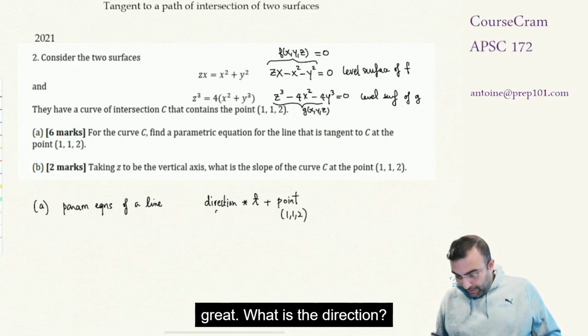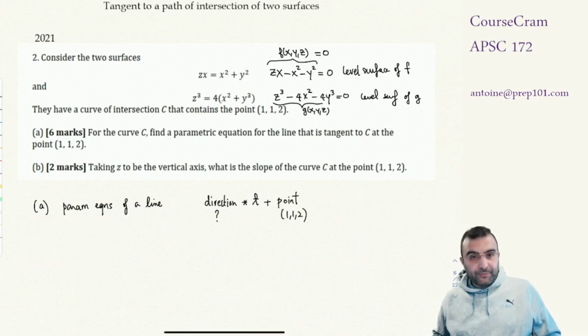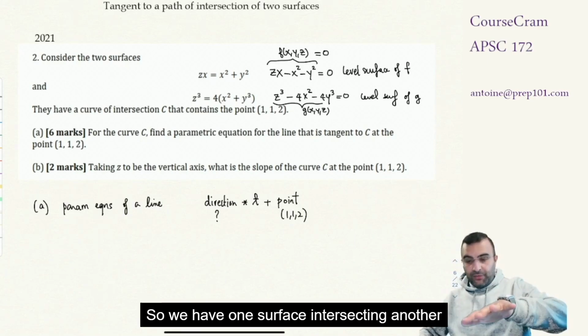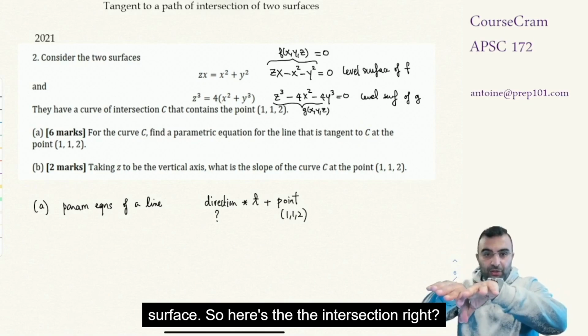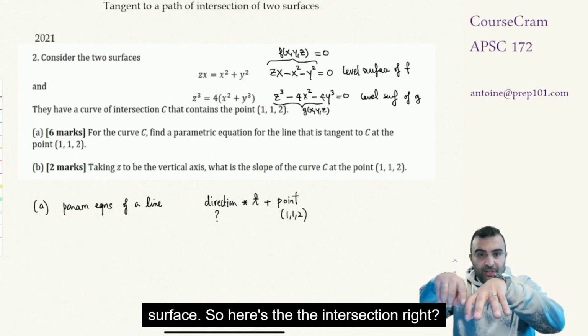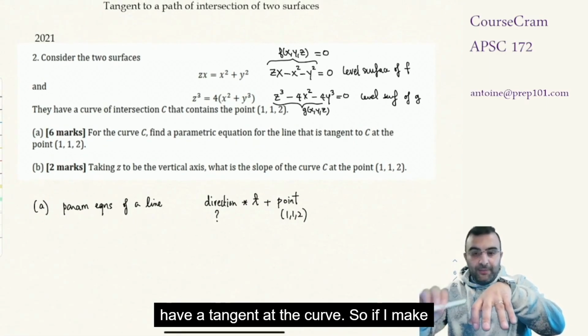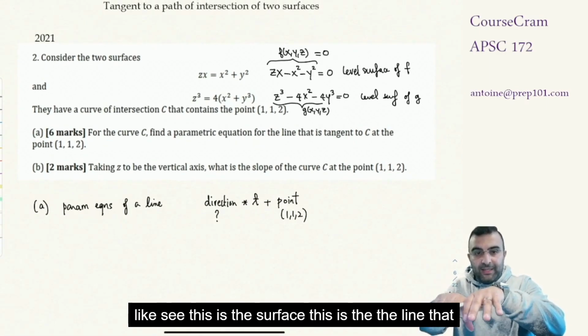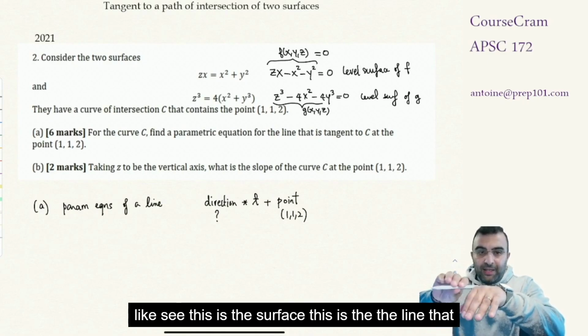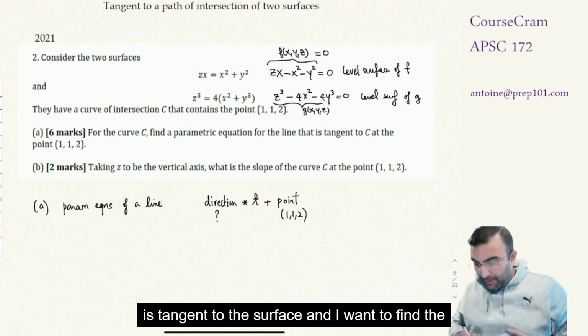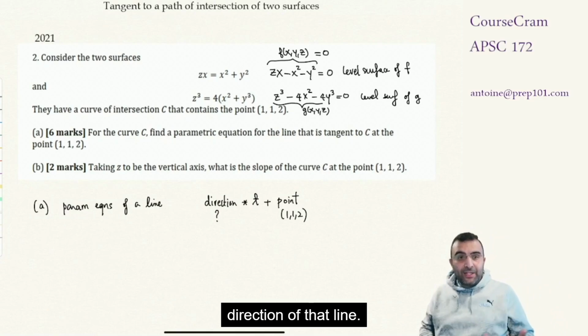Now the point we have, the point is (1, 1, 2). Great. What is the direction? So we have one surface intersecting another surface. So here's the intersection, right? So we have a curve C like this. We have a tangent at the curve. So this is the surface, this is the line that is tangent to the surface, and I want to find the direction of that line.